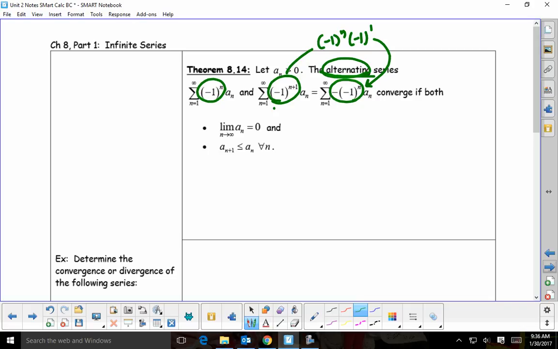Two things you have to show for the alternating series test. First, you have to show that the limit of just the a sub n is 0. You're doing the limit without the alternating part. You ignore that negative 1 to the n part. First you show the limit is 0. Showing the limit is 0 tells us what so far?